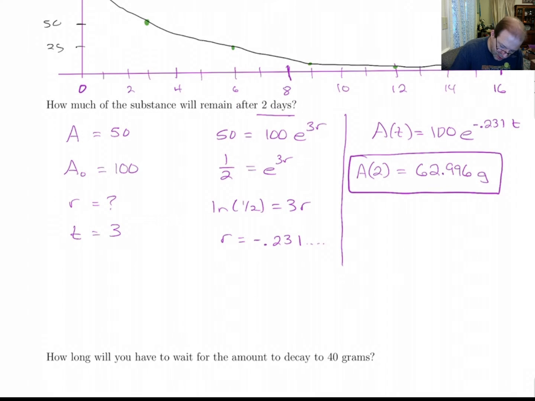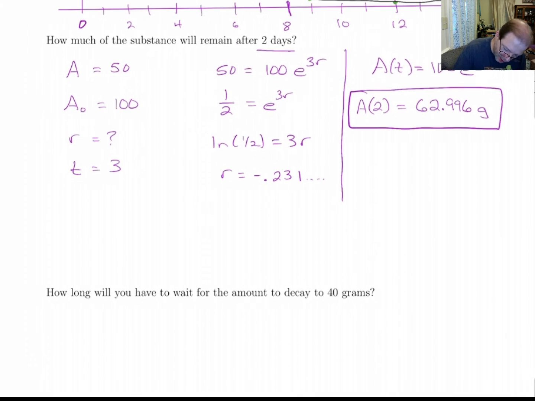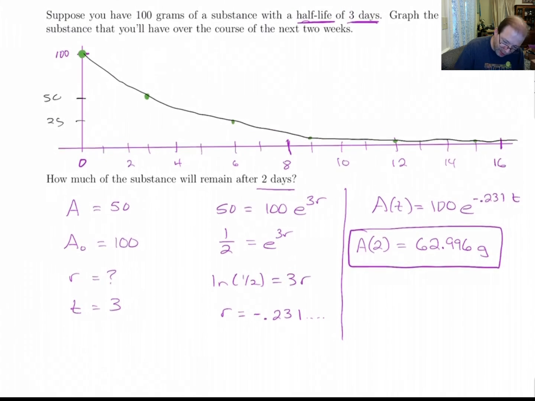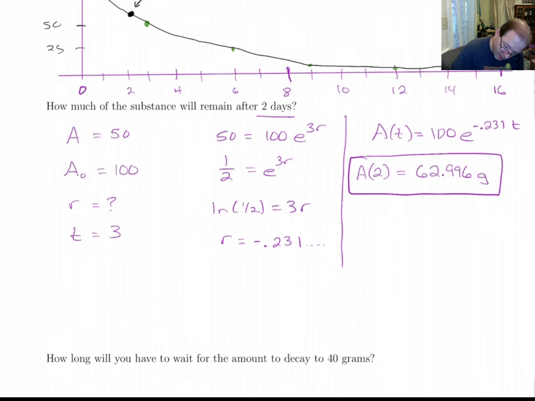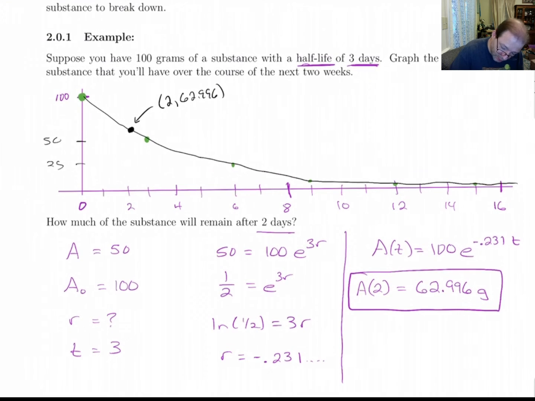Now this next problem asks, how long do we have to wait for it to decay to 40 grams? Well, before we do that, what we found here is this point is 2 days, and it's 62.996. Now the other problem is asking us how long we have to wait for it to decay to 40 grams.